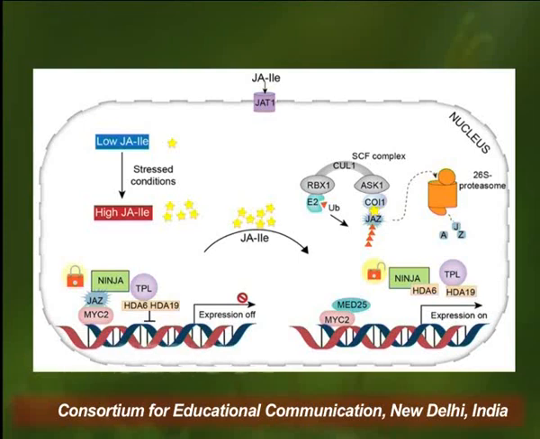Now once the JAZ protein complex gets degraded, the NINJA-TPL complex is broken and they free the transcription factor, that is MYC2. And once this MYC2 is free, it induces gene expression, thereby producing various effects exhibited by jasmonic acid. So this is how jasmonic acid produces its effect.